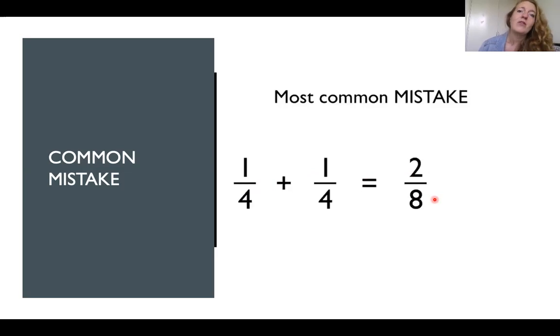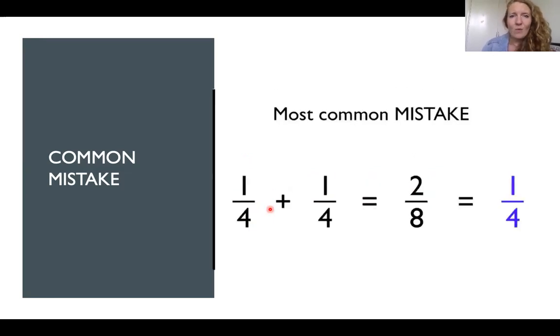They add both the numerator and the denominator. But hopefully you remembered from last week, I told you to add the numerators, but don't add the denominators. So here you can see that 1 plus 1 is 2. They remembered that. But then they've added the denominators.